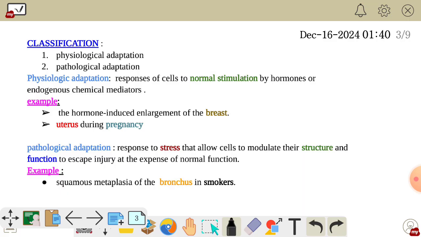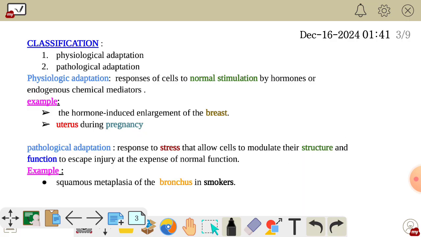Okay, so apart from physiological adaptation, we also have pathological adaptation. So pathological adaptation here is simply a response to stress that allows cells to modulate their structure and function to escape injury at the expense of normal function. So pathological here, we're talking about a normal cell changing its structure.